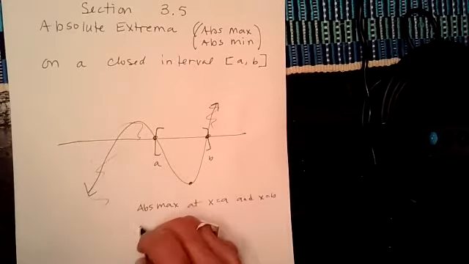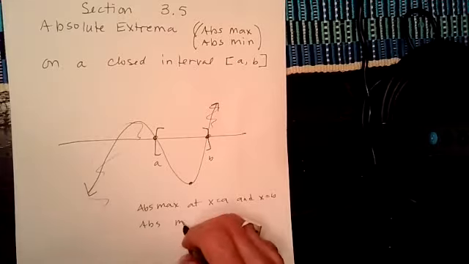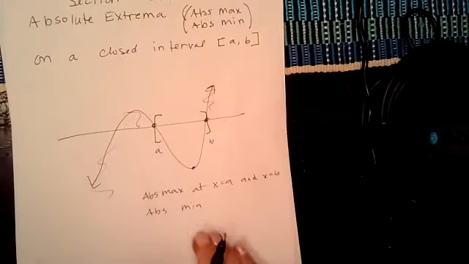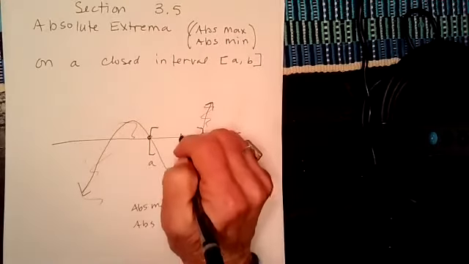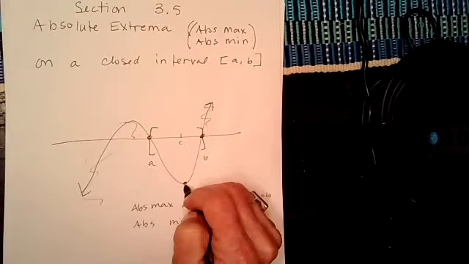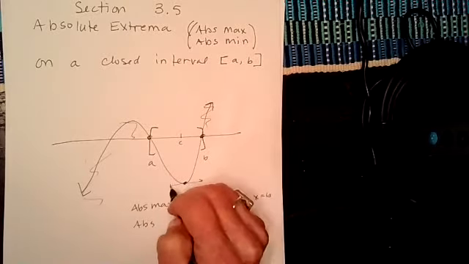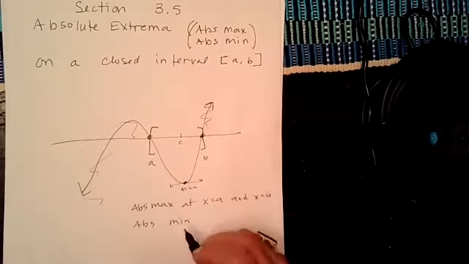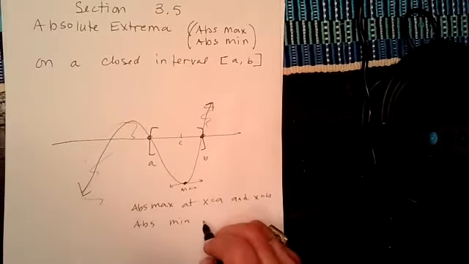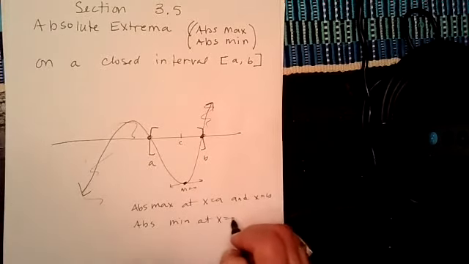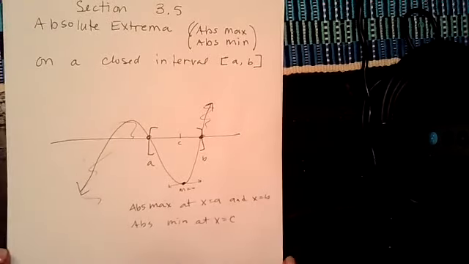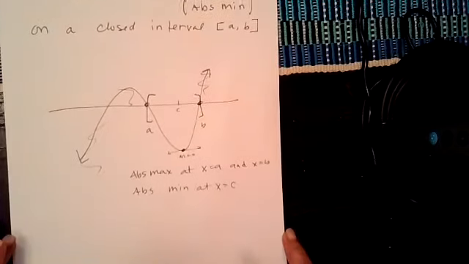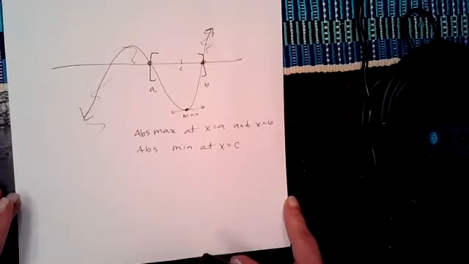And there was the absolute minimum. Let's call this C, and that was at our local min, which was the absolute min.